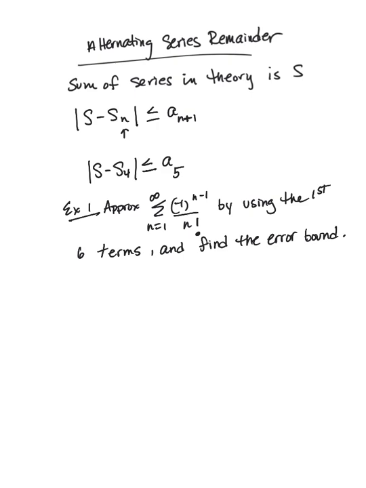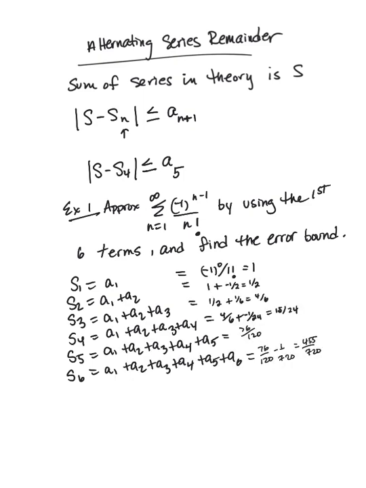In other words, we want to do S1, S2, S3, S4, S5, S6. Remember, this is A1 plus A2, and so on. Figure that out first and then come back to the video. Do those computations.